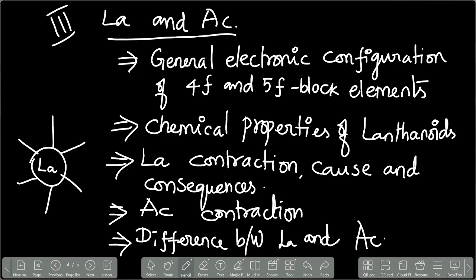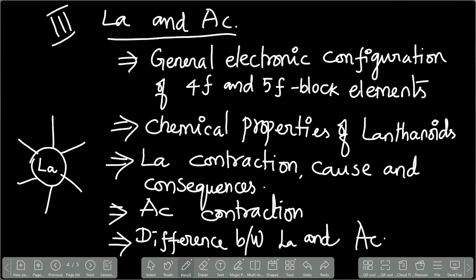Very easy only. And what is lanthanide contraction? The regular decrease in size of M3 plus ion from lanthanum to lutetium is called lanthanide contraction. Similarly, the regular decrease in size of M3 plus ion from actinium to lawrencium is called actinide contraction.